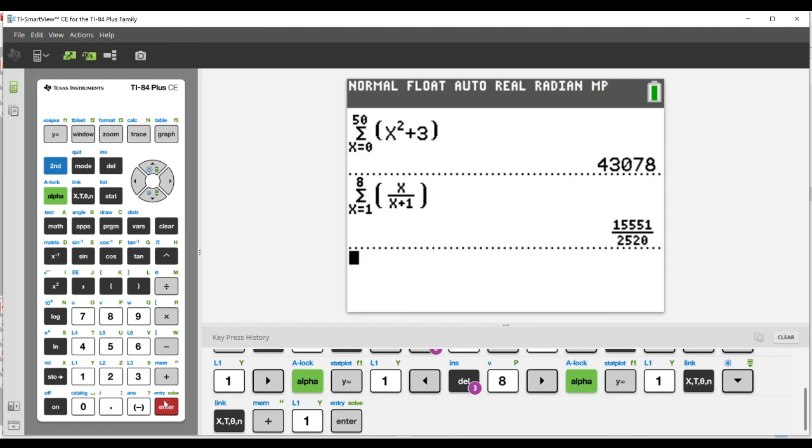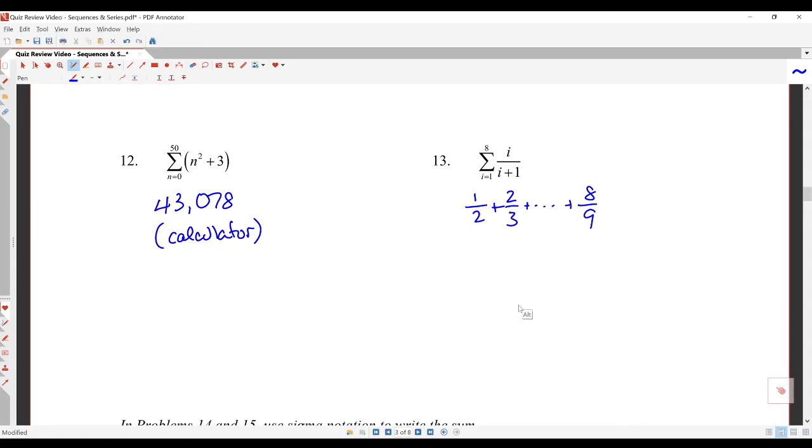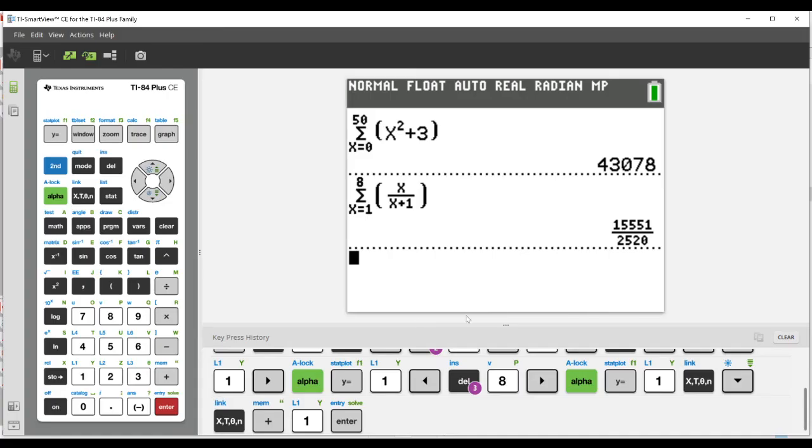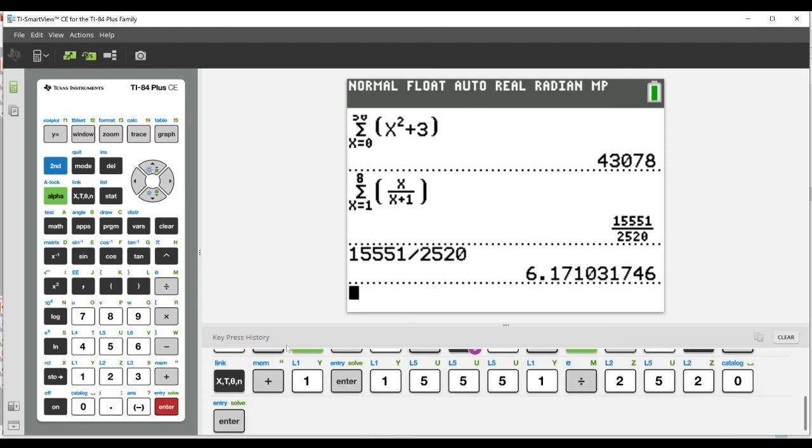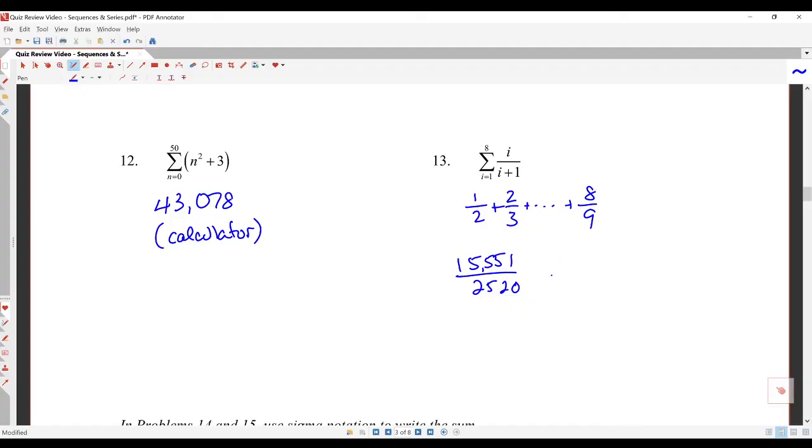And we get 15,551 over 2520. And then if you want, that gives you 6.17 as a decimal.